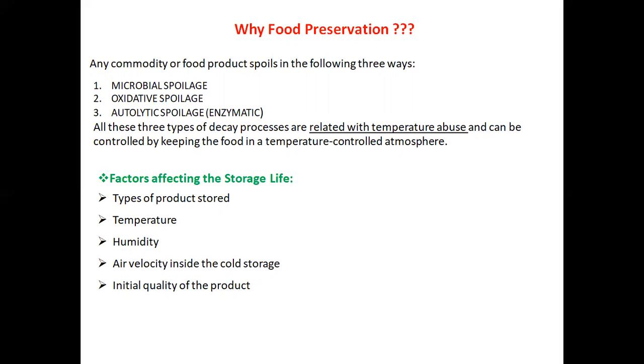The different factors affecting the storage life of the food are, of course, type of food stored, then temperature of the food, humidity, air velocity inside the cold storage, and initial quality of the food, right?